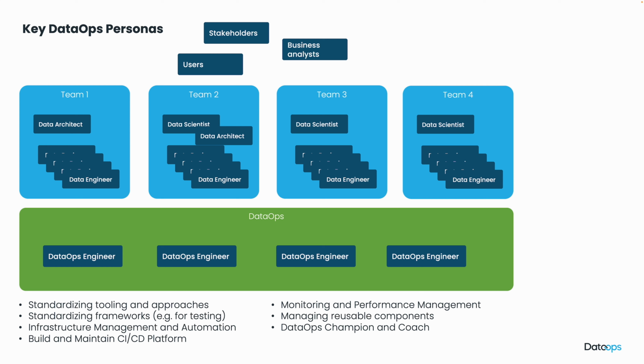But they would be supported by a central DataOps function, which had a small number of DataOps engineers doing exactly the same thing: standardizing tooling and approaches, building and standardizing test frameworks, doing all of the infrastructure management automation, maintaining the CI/CD platform, doing the performance management, managing reusable components, and ultimately being the foremost authorities in their companies on what DataOps is, particularly because it's a much newer area and much less well understood. They would understand what DataOps is all about, fit it to their company, and then become the champions of that and the coaches to those other teams.